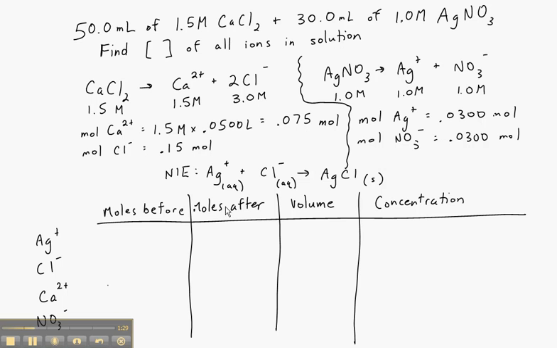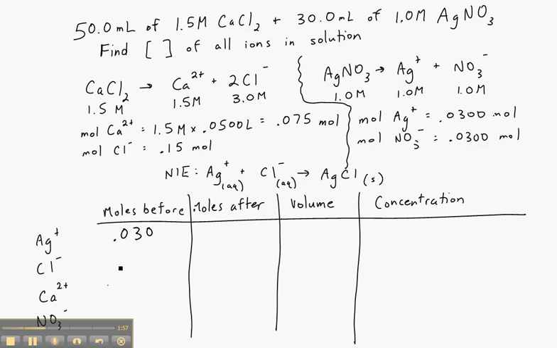The net ionic equation is silver plus chloride yields silver chloride solid. You can get that from the table you've been given to predict the precipitate. Moles before, we've calculated this. We'll just pencil it in. So for silver, it was 0.030 moles.